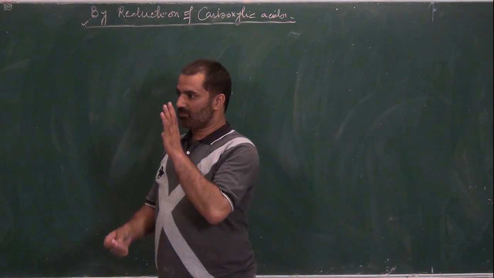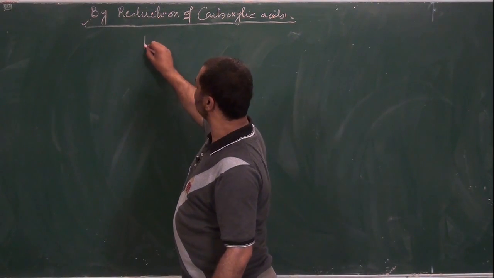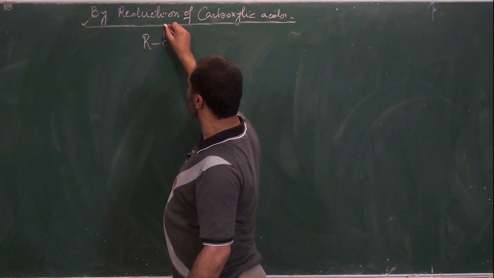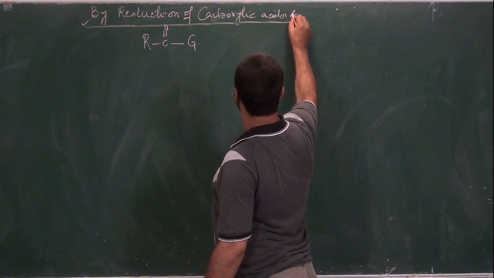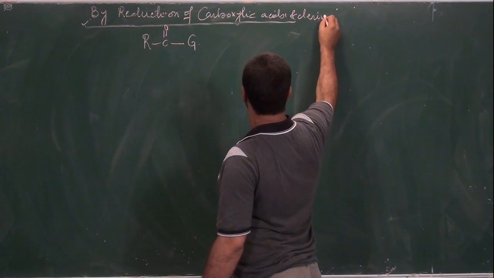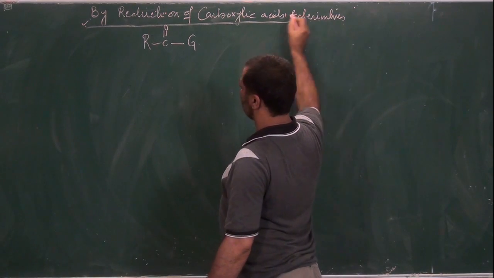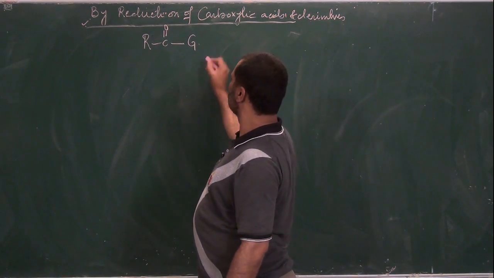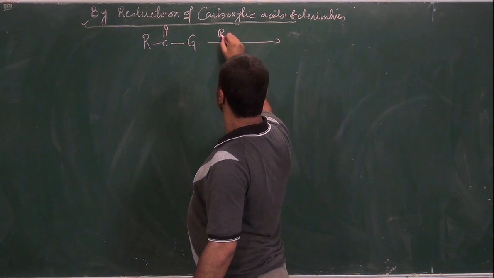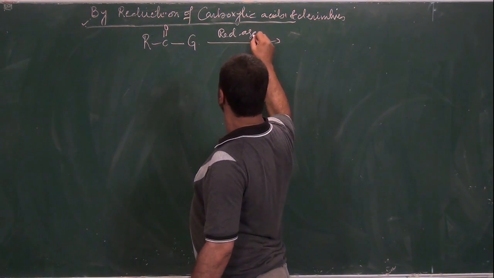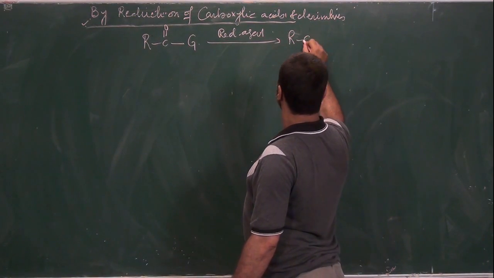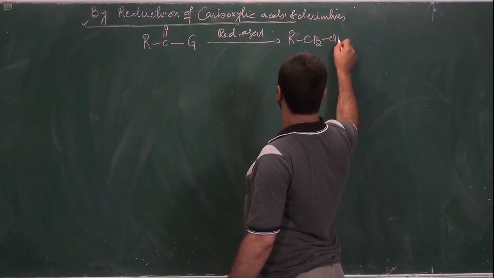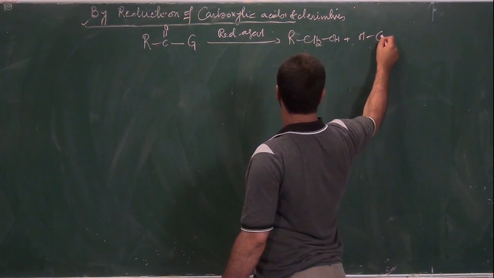So as far as carboxylic acids are concerned, that is RCOOH, carboxylic acids and their derivatives, RCOG, with a reducing agent, it will form RCH2OH plus HG.